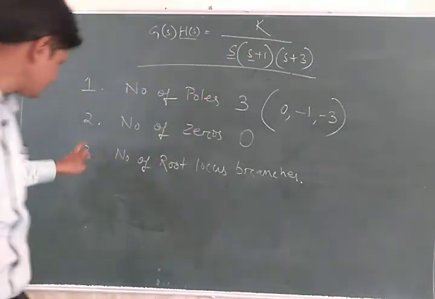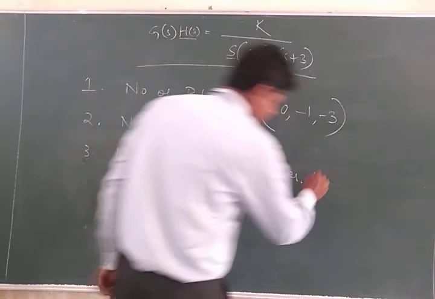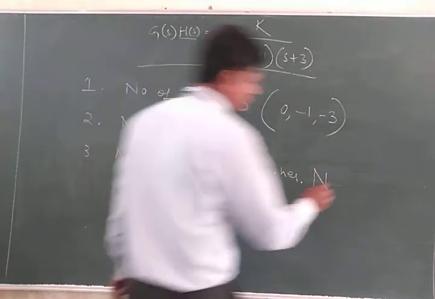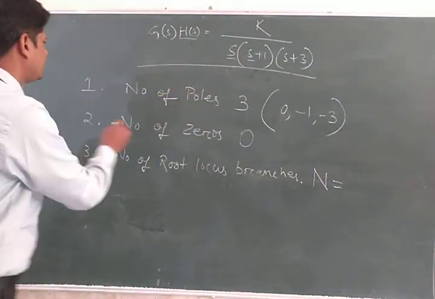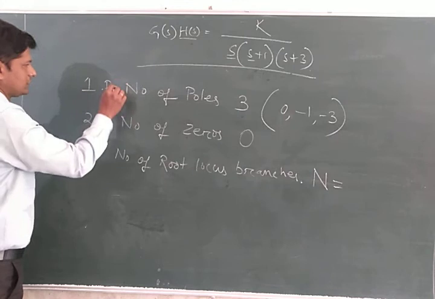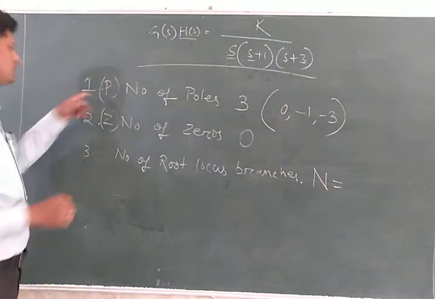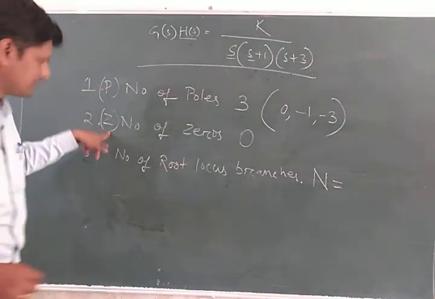It is determined by point number 3, and it is denoted by capital N, which is nothing but the higher of these. The number of poles is denoted by P, and the number of zeros is denoted by J.